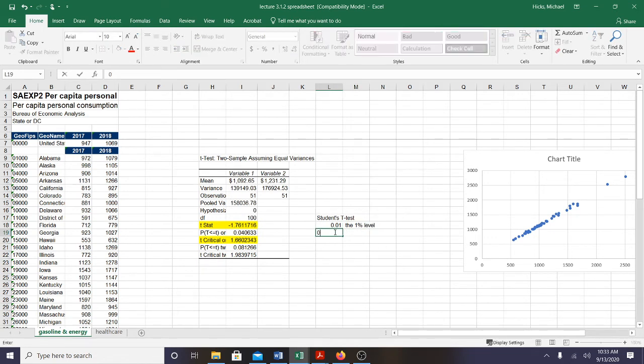You have a 0.05, and then 0.10, which is the 10% level. And so these are the common levels of statistical significance, if you talk to a statistician: the 1%, the 5%, and the 10%.